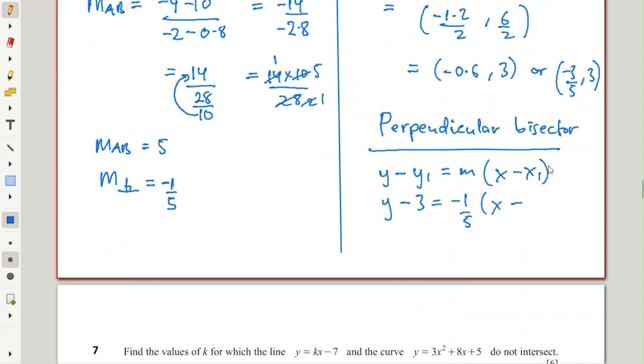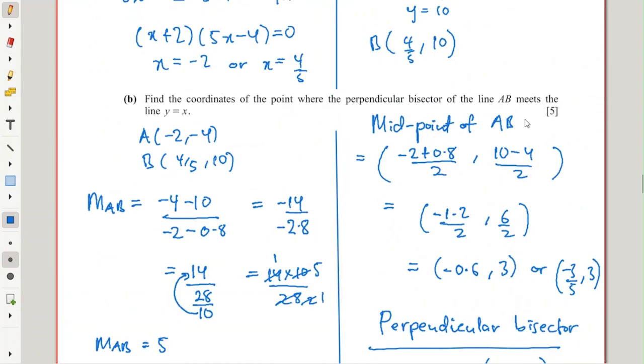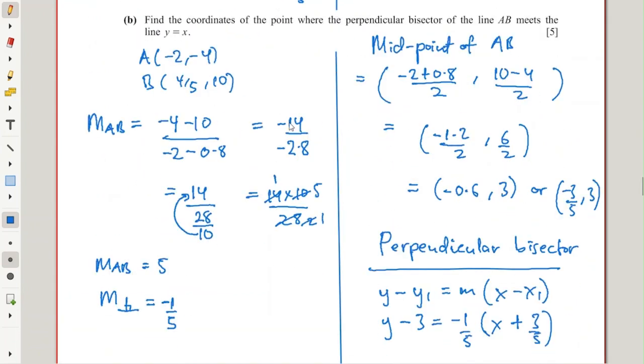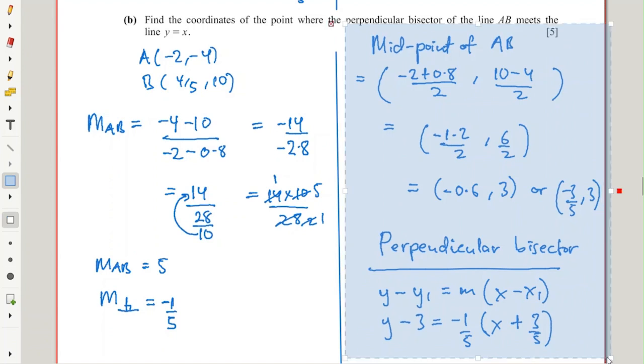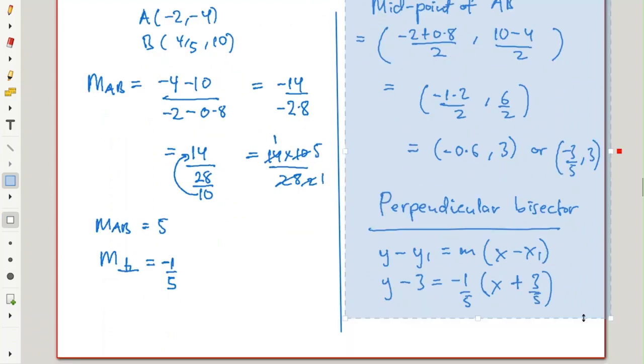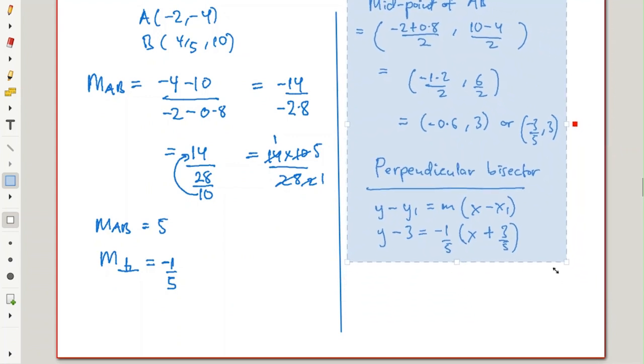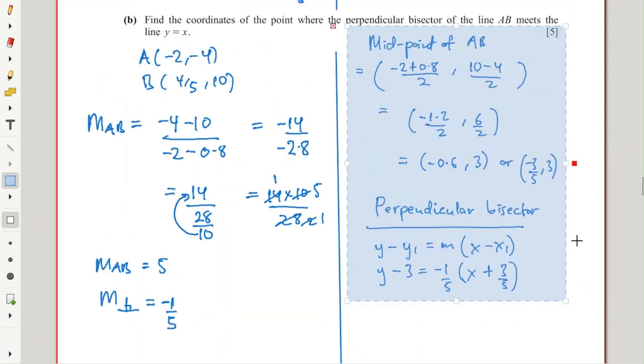And your x coordinate is this negative 3 over 5. So if it comes, it becomes negative negative, which is positive 3 over 5. Yeah. Okay, we are not done. Let me create a little bit of space for myself.